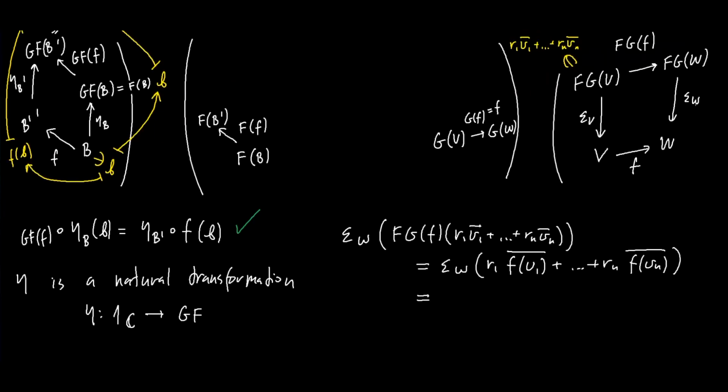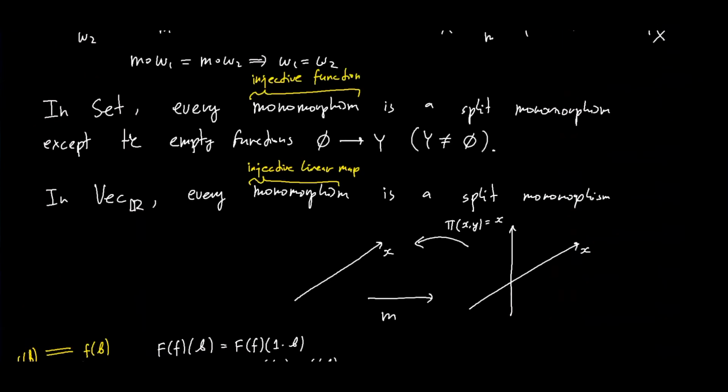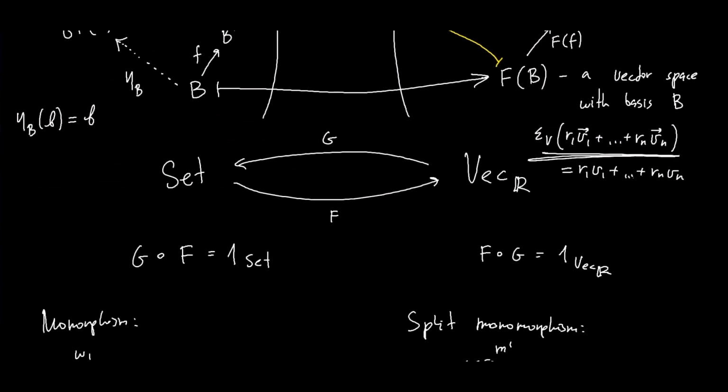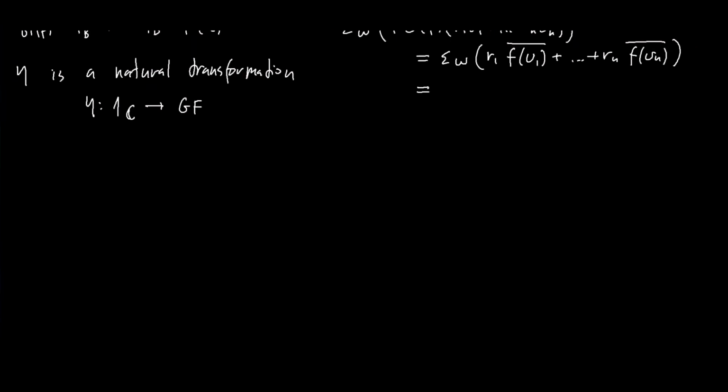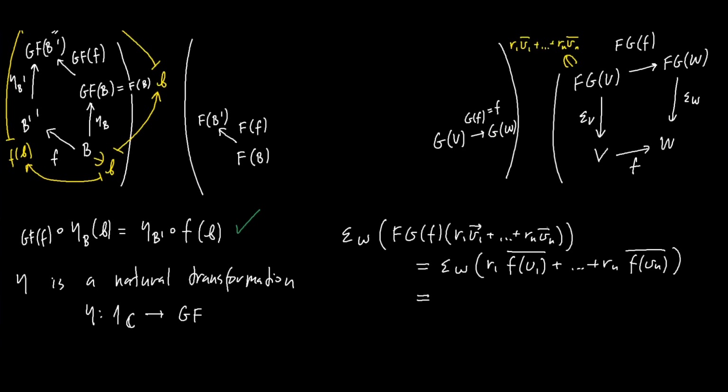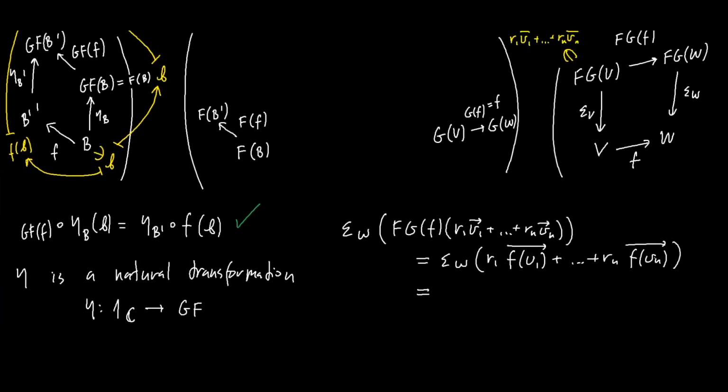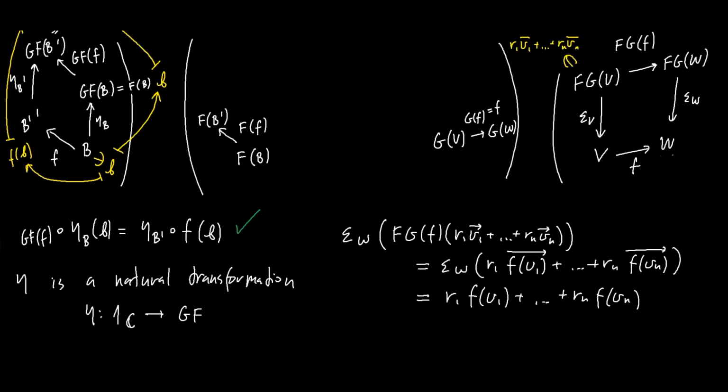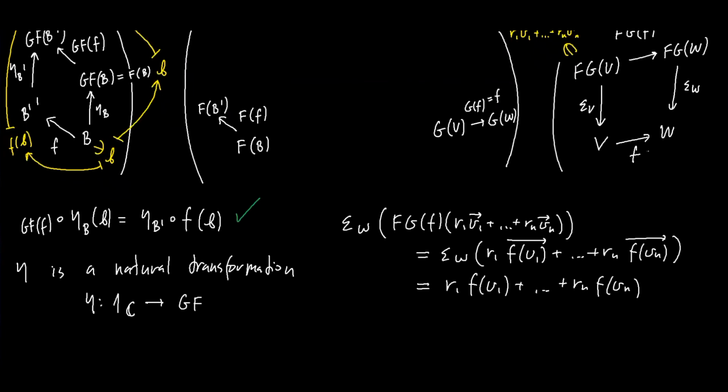Okay, now let's go back to see how this epsilon is defined. If I go back here, epsilon just removes the vectors, right? Actually, it wasn't bar, it was a vector before, so let's stick with that. It just removes the vector lines. It means that it evaluates the combination. So epsilon of that will simply be R1 times f of v1 plus all the way up to Rn times f of vn, which is now a vector in W. But remember, f was a linear map.